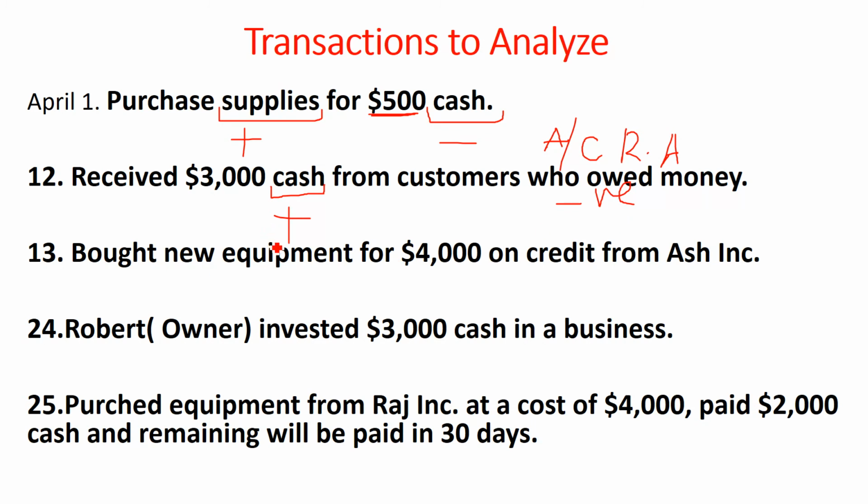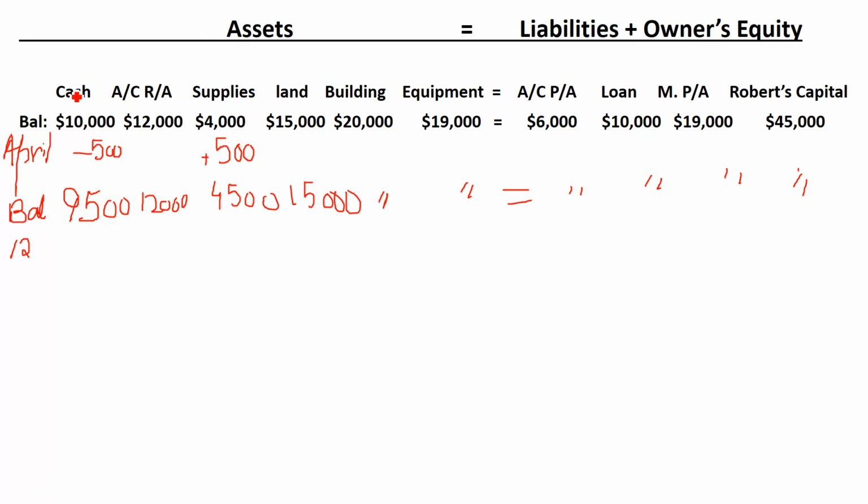So how will I record this transaction? Cash: we are receiving 3,000 cash, and this is the accounts receivable. Total accounts receivable was 12,000. Accounts receivable means the business owner performed services on credit. Now he is receiving the amount of 3,000, so accounts receivable is decreasing. And nothing affects these other accounts.